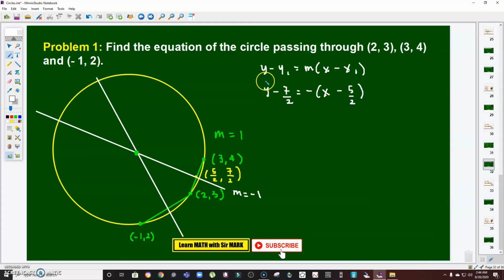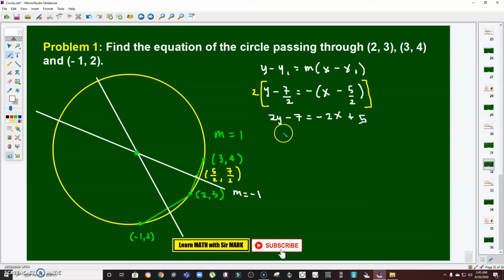See that? So, to do this, I will just multiply by 2, both sides. So, this one will become 2y minus 7 equals negative 2x, positive 5, right? Positive 5.